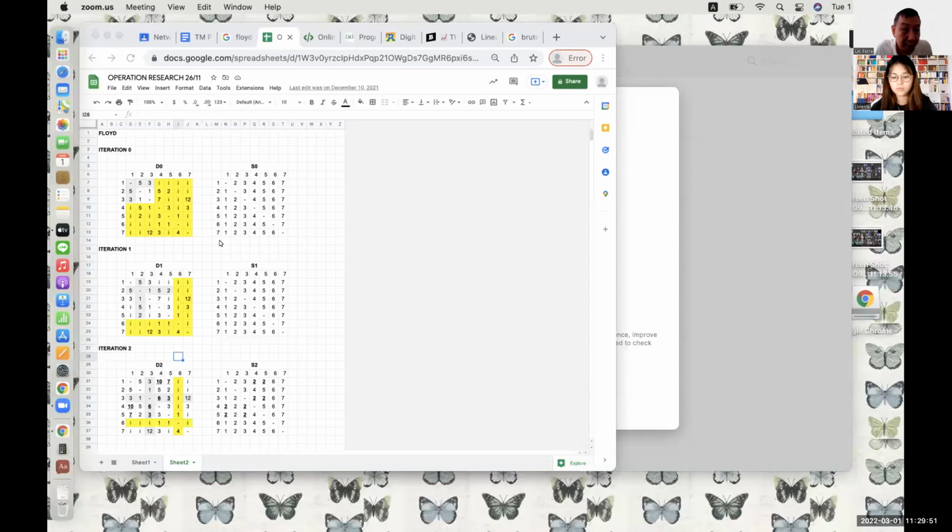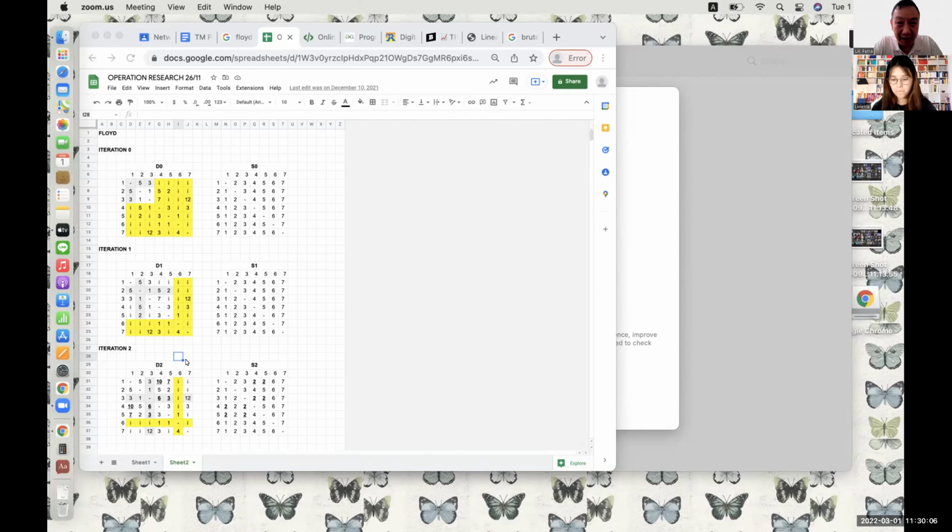Anyway, there are many sources for the Dijkstra algorithm. Which Floyd do you use? Floyd Warshall? I don't quite know, but we use D1 and S1. I still have the file. Okay, this is Floyd Warshall. Floyd Warshall is to get the shortest path from any node to any other node.